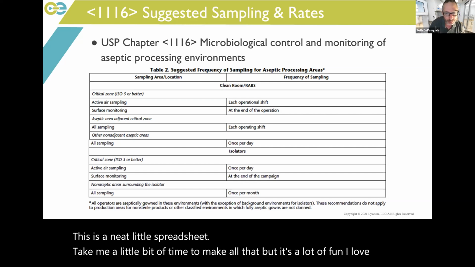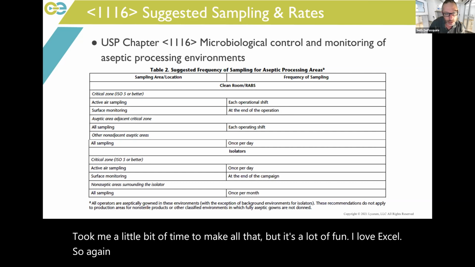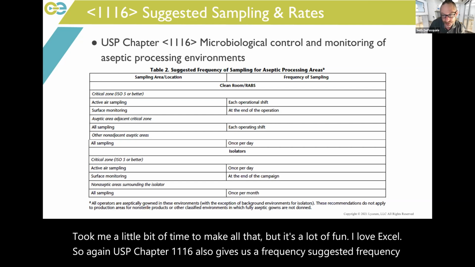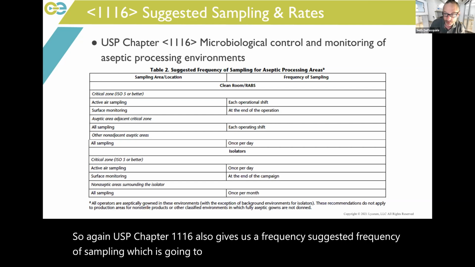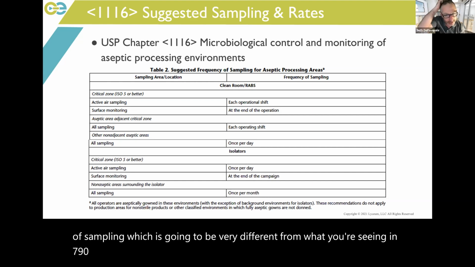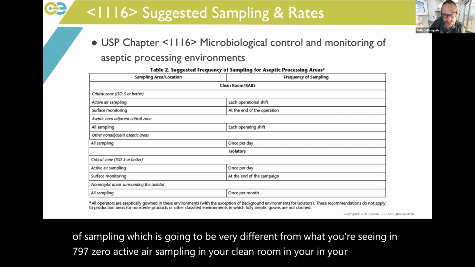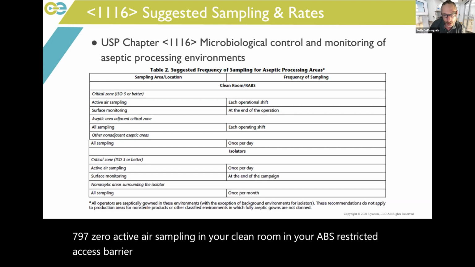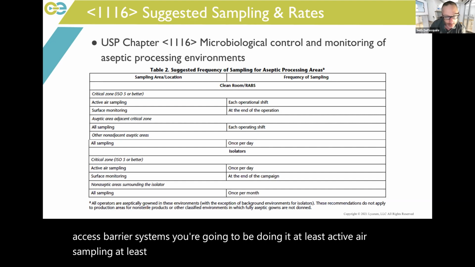Again, USP chapter 1116 also gives us a suggested frequency of sampling, which is very different from what you're seeing in 797. For active air sampling in your clean room and in your RABs, restricted access barrier systems, you're going to be doing it at least every operational shift.